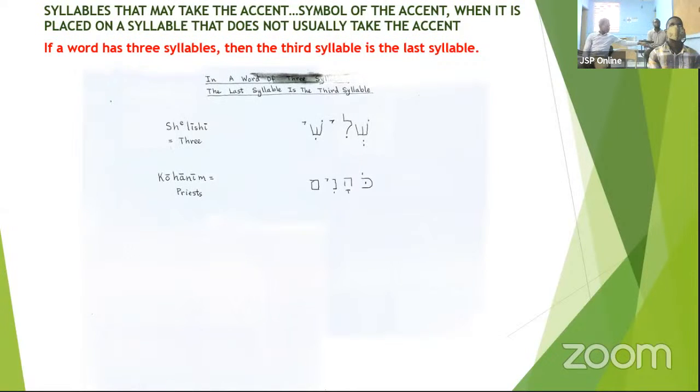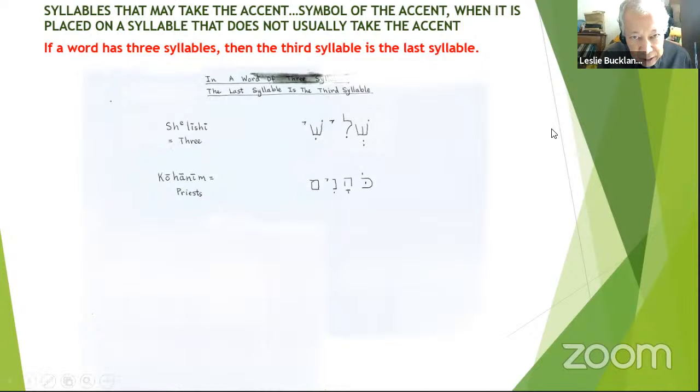All right. Now in this case, we have a three-syllable word. Let me get my arrow here. It is she, that's one syllable. Li, that's the second syllable. And she, which is the third syllable. So it's a three-syllable word. Sheli, she.